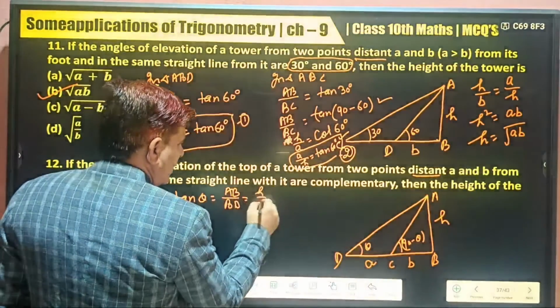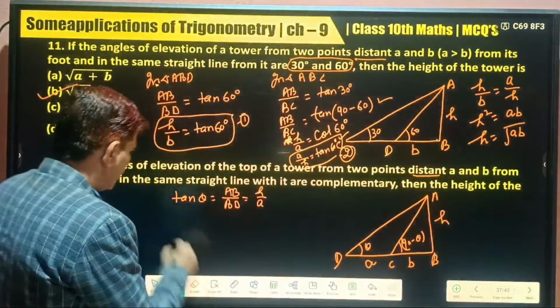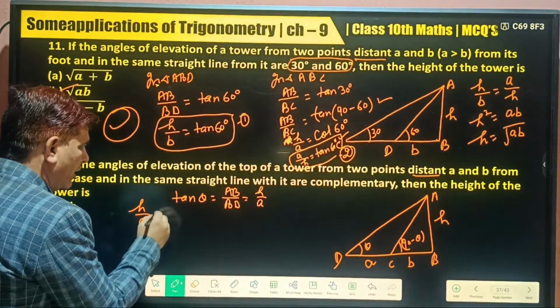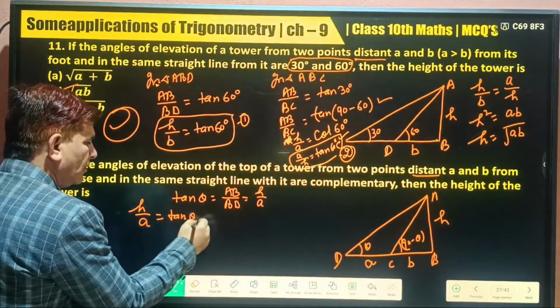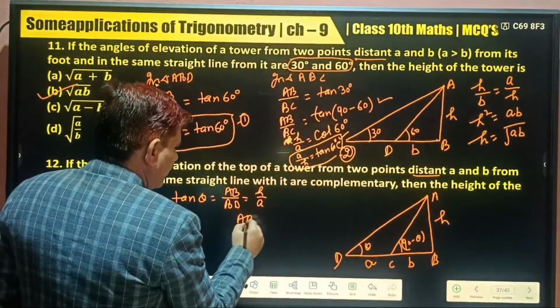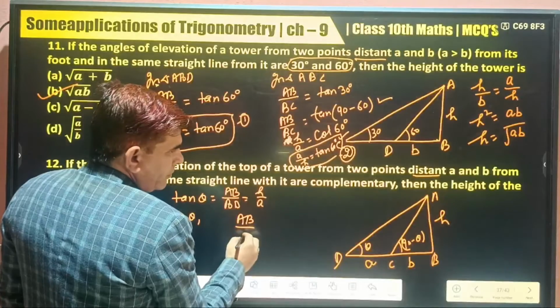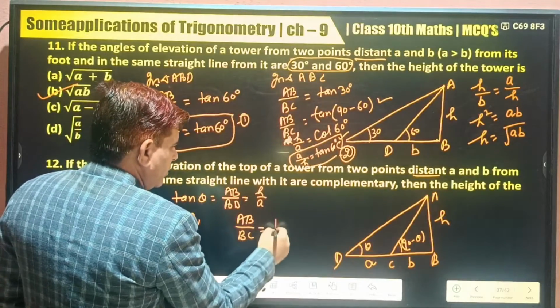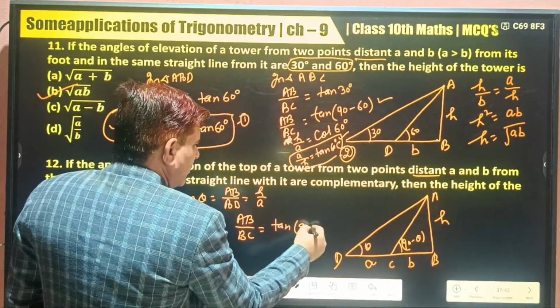This is H and this is A. So again H by A is equal to tangent theta. Then in this triangle, AB by BC is equal to tangent 90 minus theta.